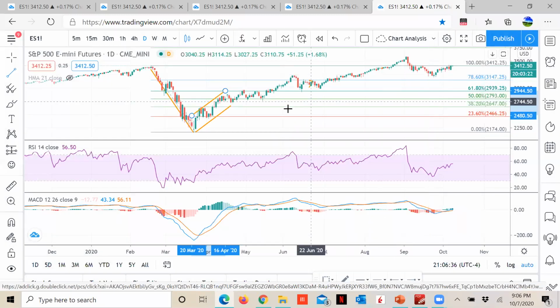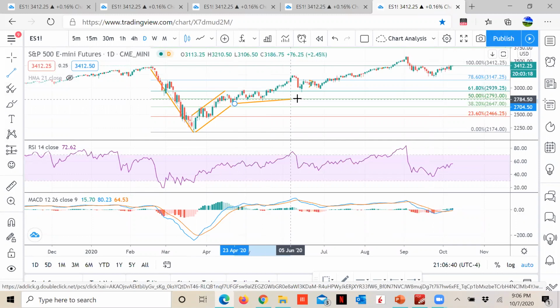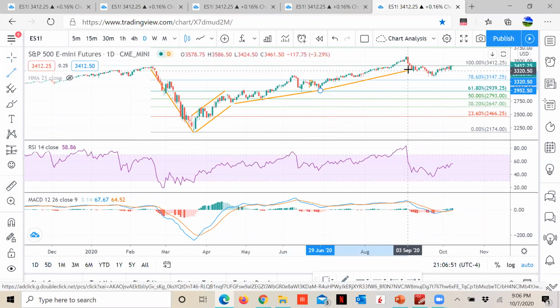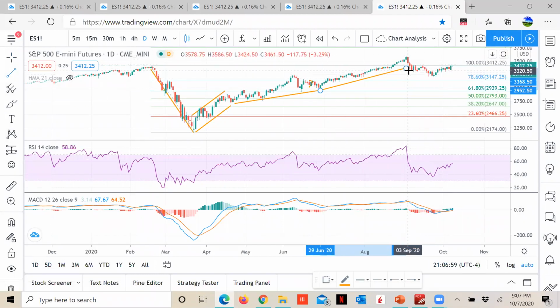Since the trend has changed here, you can draw multiple trend lines. It's basically giving an analyst an idea.